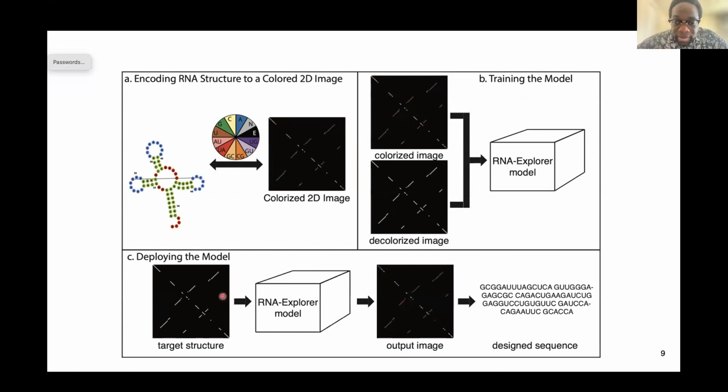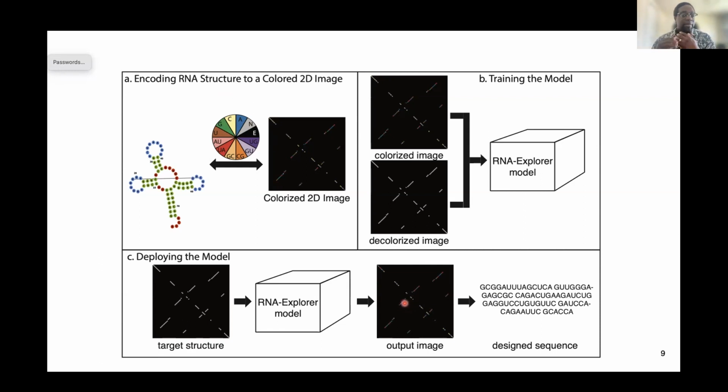You would take the target structure, feed it into your machine learning model, and add the color back to this image. From that image, you can extract the sequence because we use a specific palette that links color to sequence.